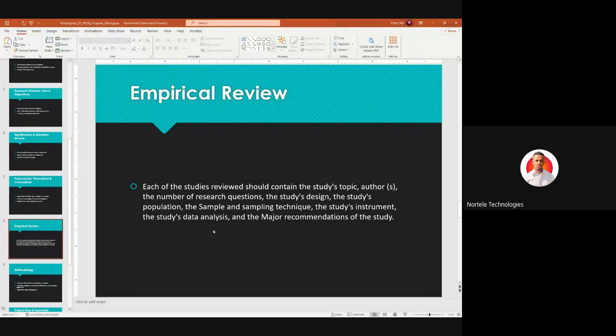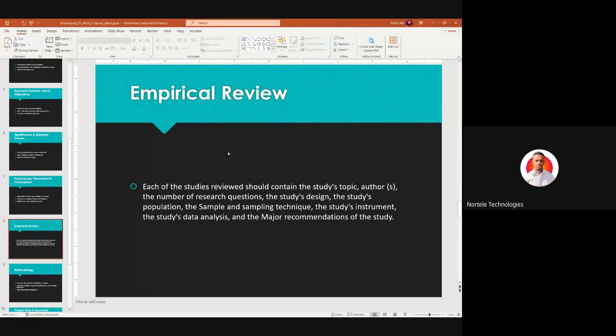But why I'm bringing it up is that after you've done this, you're supposed to synthesize the gap. Each of the research you have reviewed, let's say Obi and Ada et al. 2024 did a certain topic and they did a certain research and they did it in such a way. They found out so and so.